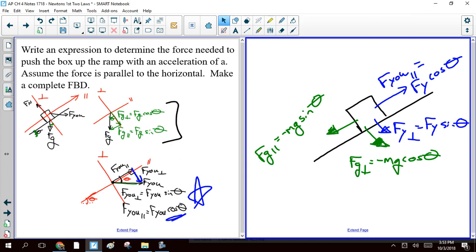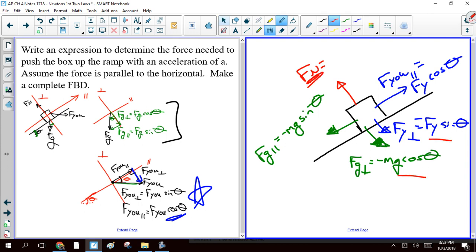And then finally, we've got a normal force. So our normal force needs to be big enough to ensure that our perpendicular forces cancel. In other words, this normal force needs to cancel this and this, right? So our normal force here is going to simply be big enough to cancel out positive mg cosine theta and positive FU sine theta.